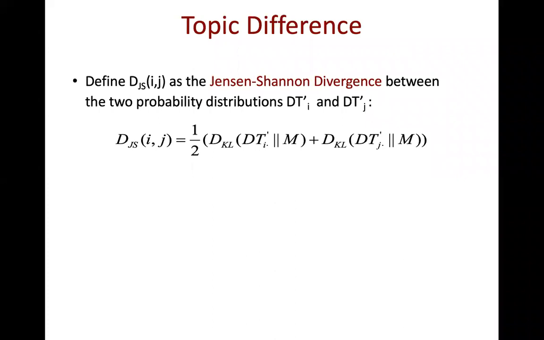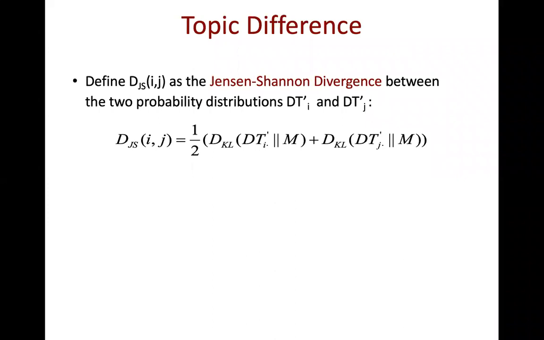Then we can also define the topic difference. Of course, we can define the difference between users by measuring similarities between these vectors. But we can also define the topical difference, like how one topic is different from another, and we can do it with one of the probability distribution comparison functions. One of them is called Jensen-Shannon divergence, and it's defined here.